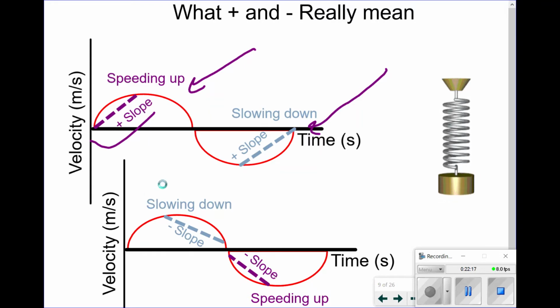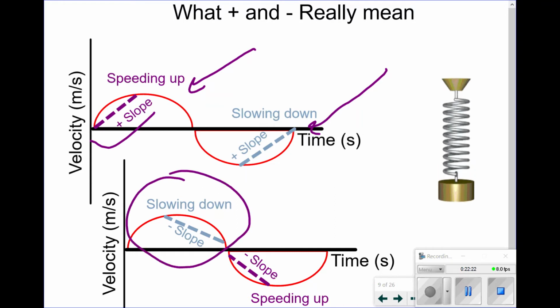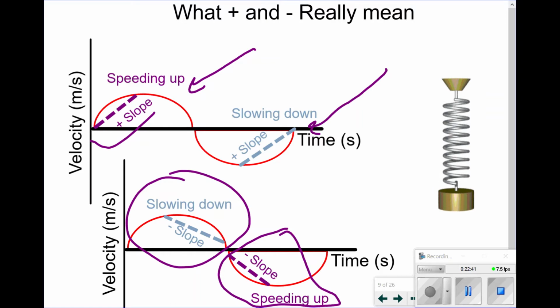Likewise, here I have a negative slope, and I am slowing down, but not because the slope is negative. It is because I have a negative acceleration, because that's what the slope represents, while I'm having a positive velocity. My acceleration and velocity are in opposite directions. And that's why when I have a negative slope or negative acceleration right here, I'm actually speeding up, because my velocities are also negative.